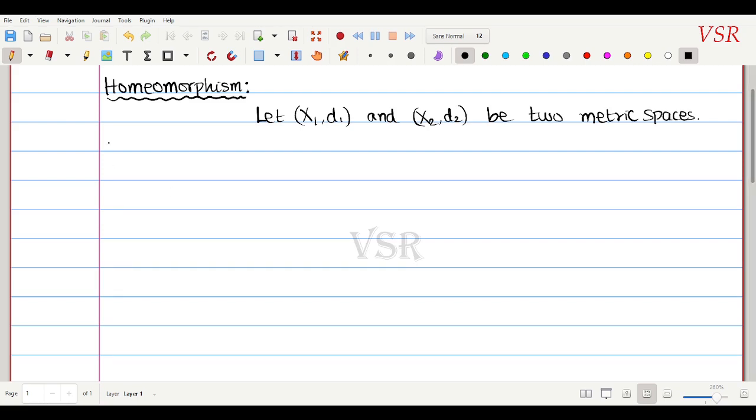A function f from X1 to X2 is said to be a homeomorphism if, number one, f is bijective.